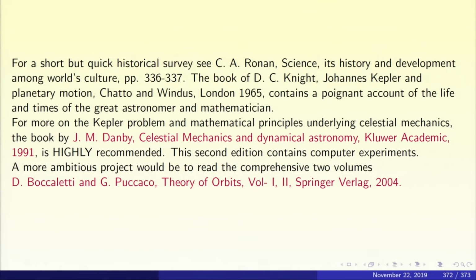This is a very important book on celestial mechanics, and for more information on the Kepler problem and the mathematical principles underlying celestial mechanics, you must consult Danby's book. And a very great two-volume treatise is the book by Boccaletti and Pucacco. This book is advanced, but it is very comprehensive and a modern introduction to celestial mechanics. It's Theory of Orbits, Volume 1 and Volume 2.